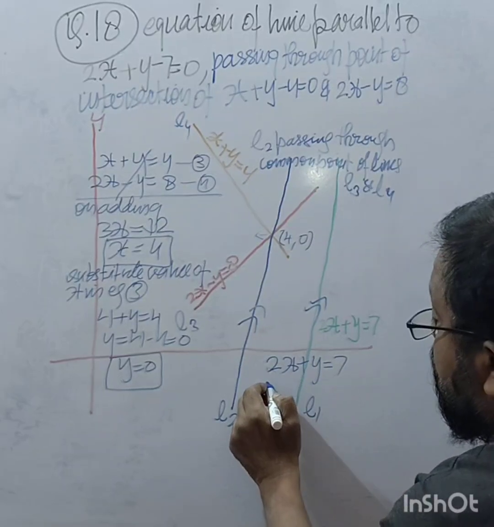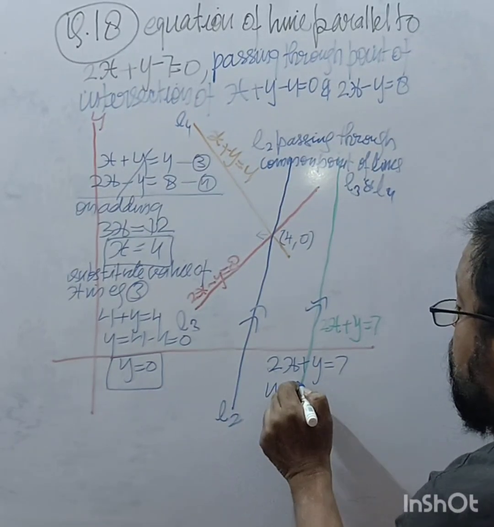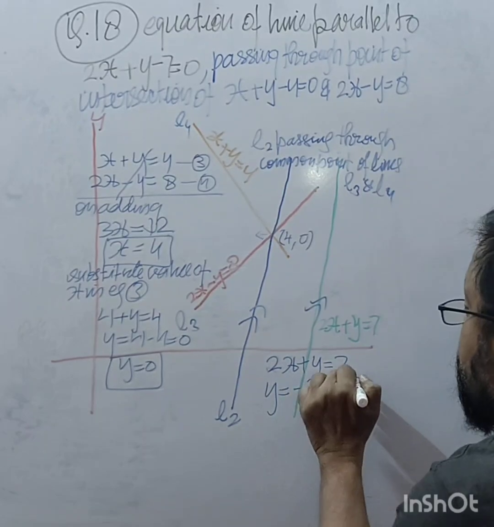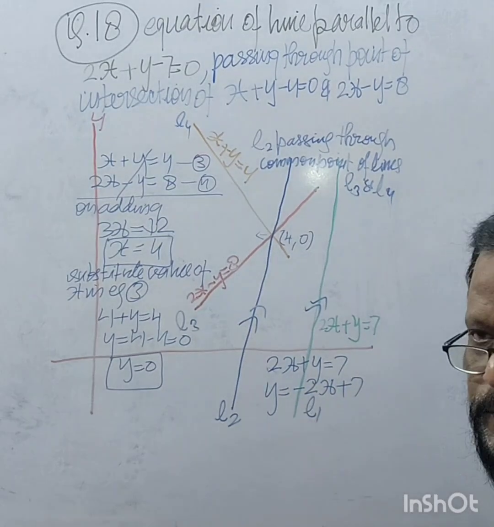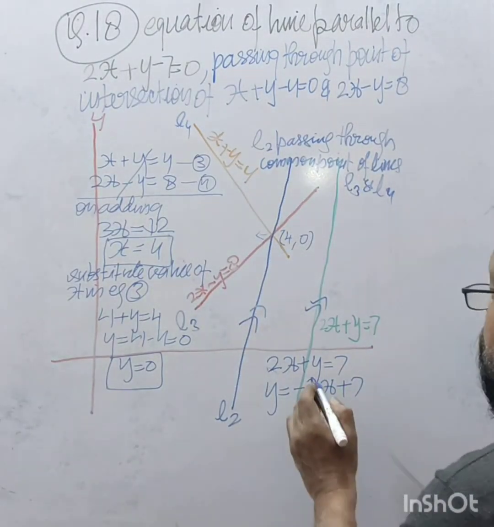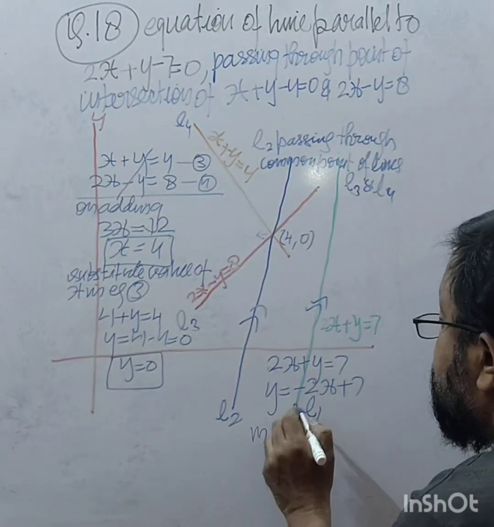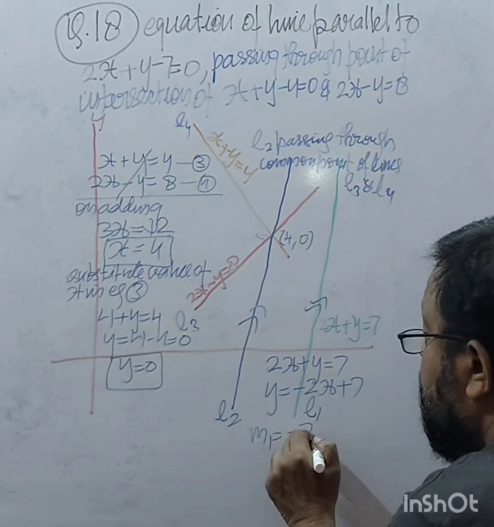So we can write y is equal to minus 2x plus 7, right? So m1 is equal to minus 2.